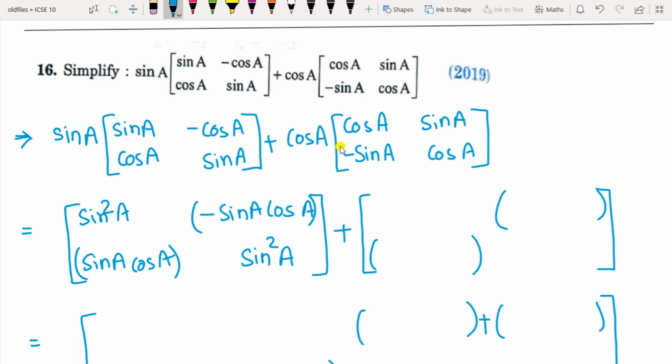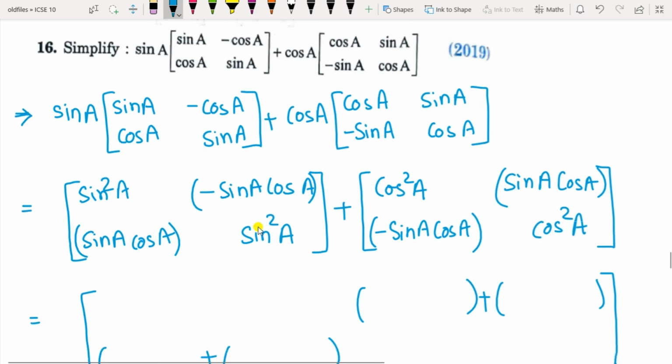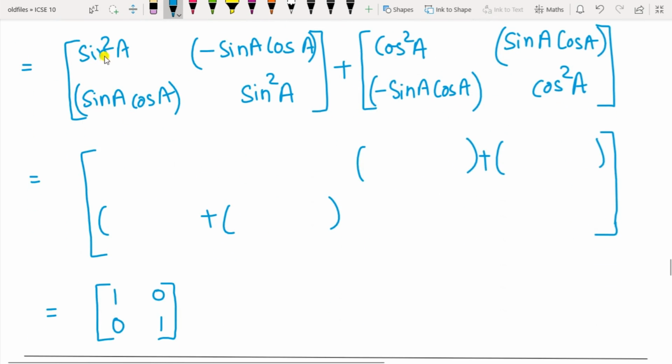Similarly, for this next matrix, cos into cos is cos square A. Cos into sine is sine into cos, same thing. Cos into sine here, minus sine A cos A. And cos into cos is cos square A. Now do the addition. So the first term should be added to the first term of the second matrix.